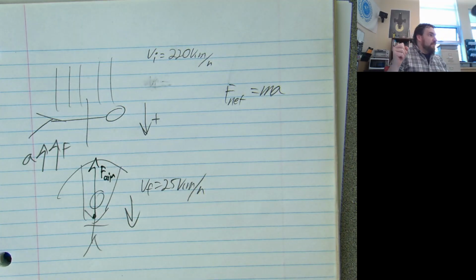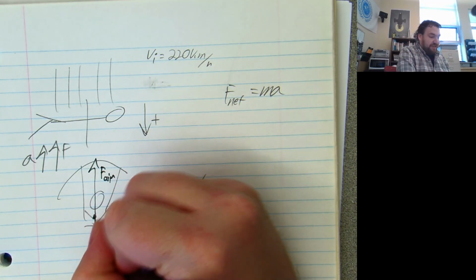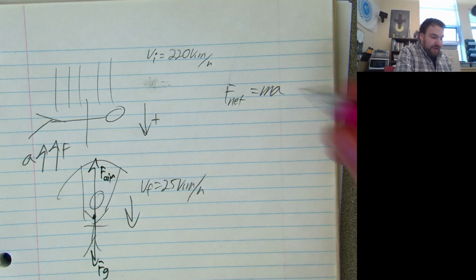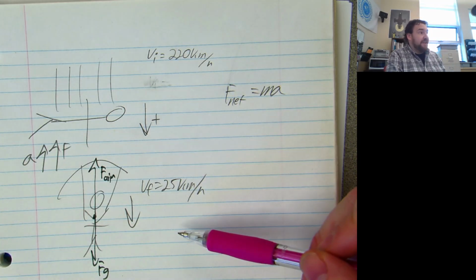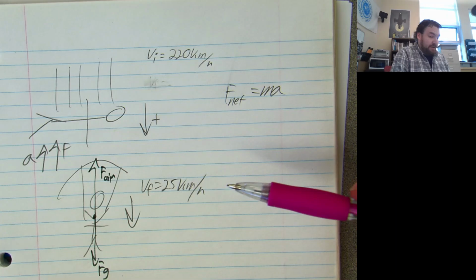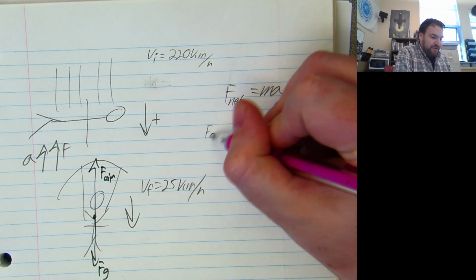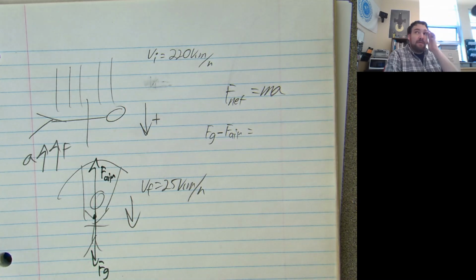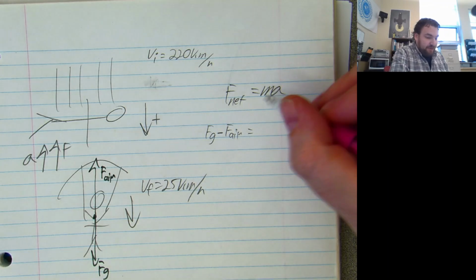And FG. And FG is still down. Okay. So if we called down positive, which I did, your net force is going to be FG minus F air, and that's going to be equal to ma.